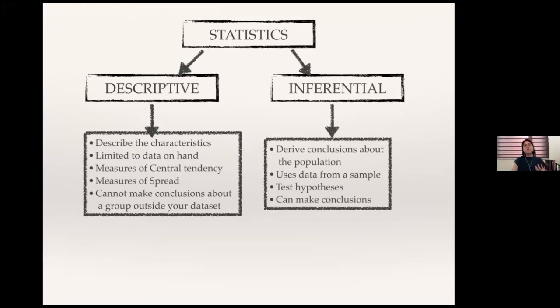So what we want is, if we have this data set on people with diabetes, we want it to apply to everybody who has diabetes as well. So that's when we do inferential statistics. The important thing about inferential statistics is that you use data from a small sample and then you test the hypothesis. The hypothesis is basically, is the sample that I have the same as the population?